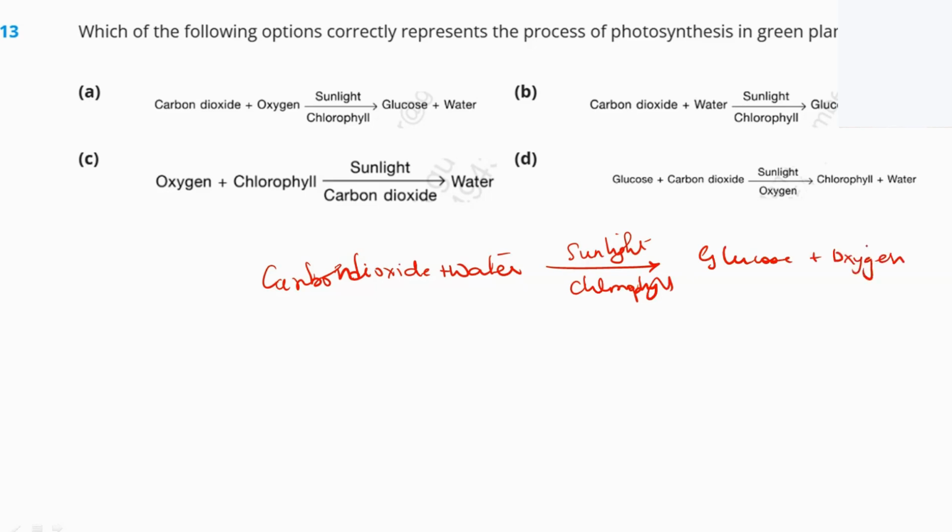So where do we find this? We find it in option number B. Carbon dioxide along with water in presence of sunlight and chlorophyll forms glucose and oxygen. All right, so option number B is our right answer.